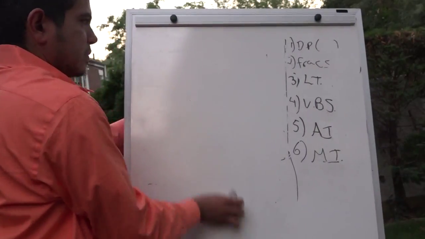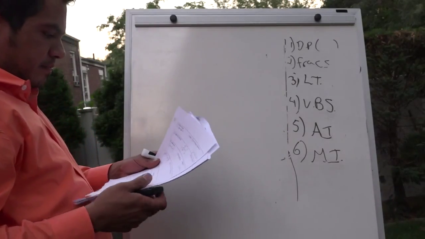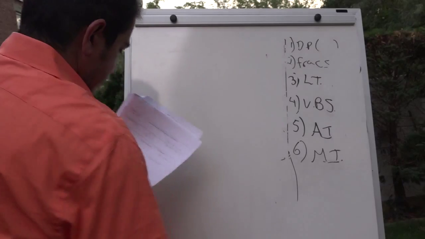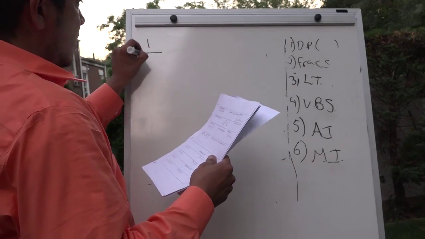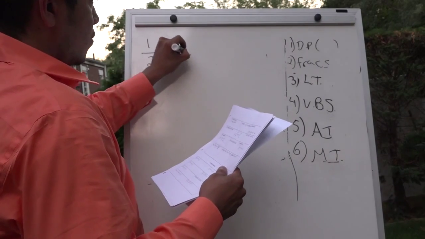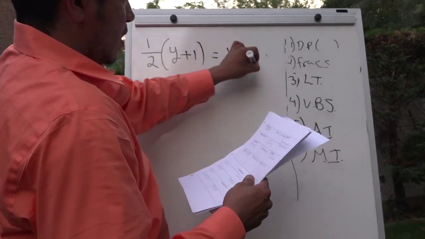Oh, okay. Notice that the 6 steps are always the same. All right then, let us do this one. 1/2 times (y plus 1) equals y minus 1.